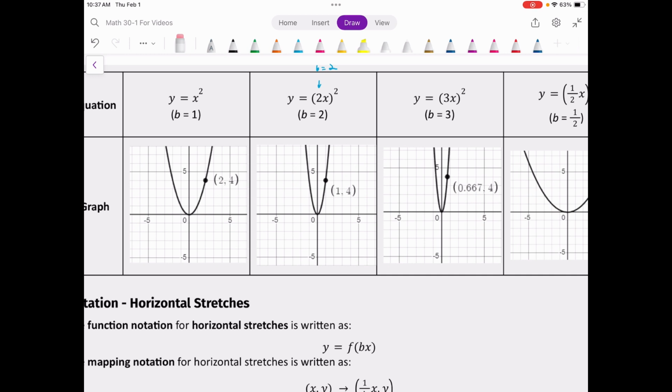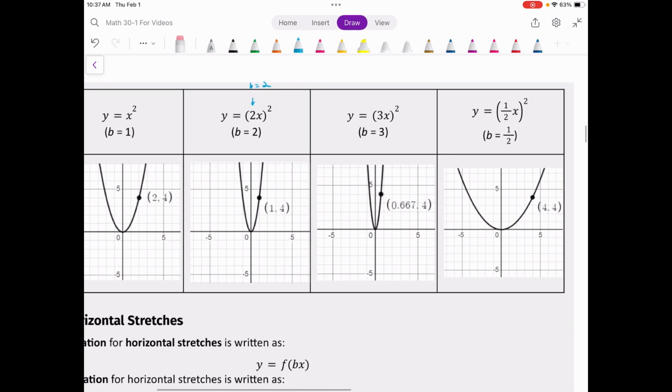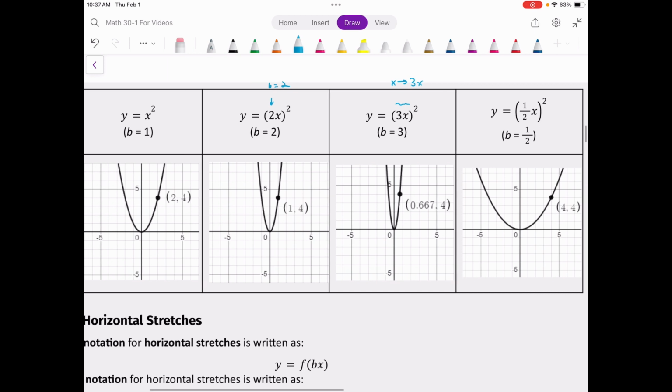Okay, moving along here, b equals 3. Notice, again, I've replaced x with a bx, right? X has become 3x in the equation. So, pop quiz, what does that mean we're going to multiply each x value by? Well, not 3, right? 1/3, 1/3.